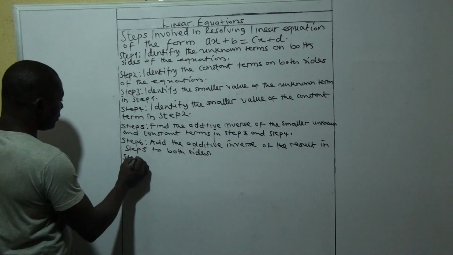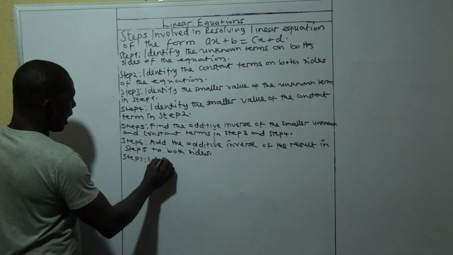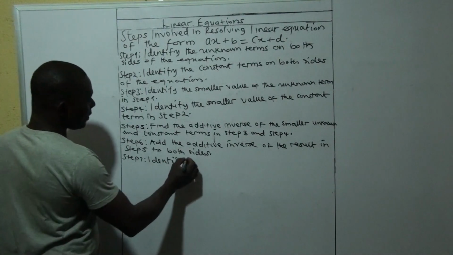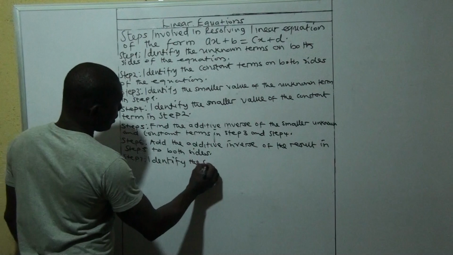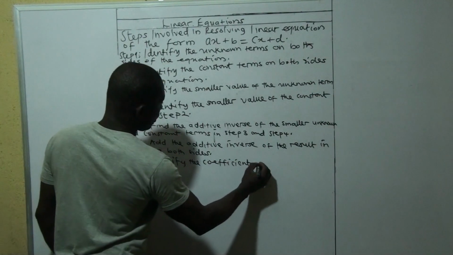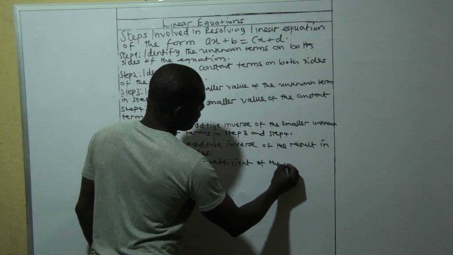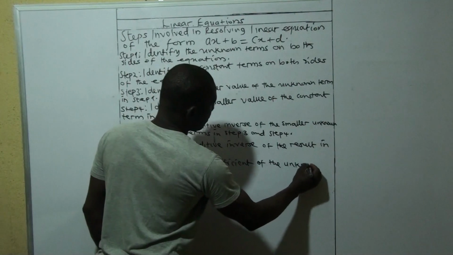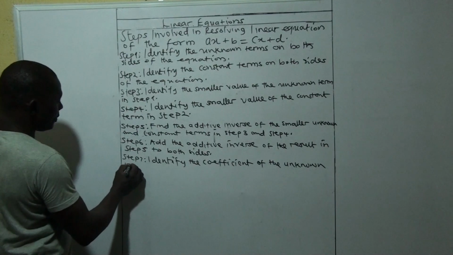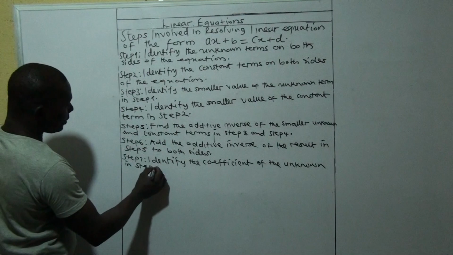Then step 7: identify the coefficient of the unknown term in step 6.